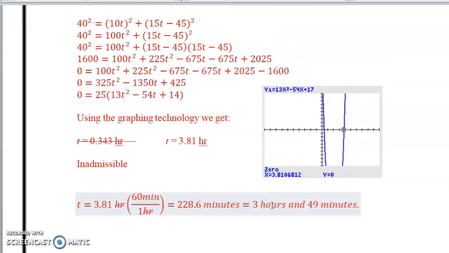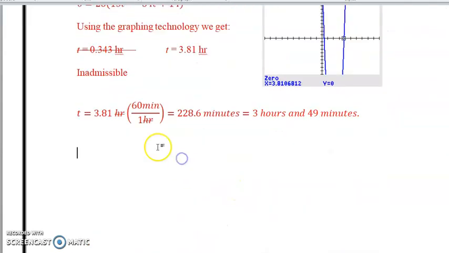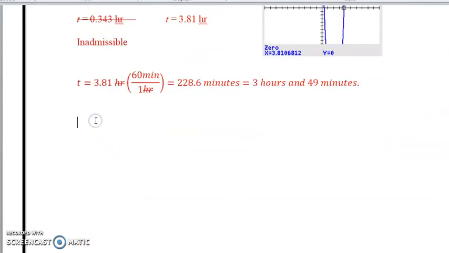So if you read the question, it says they leave at noon, so we want to know at what time, to the nearest minute, will the sailboats be 40 kilometers apart? So we'll answer the question.